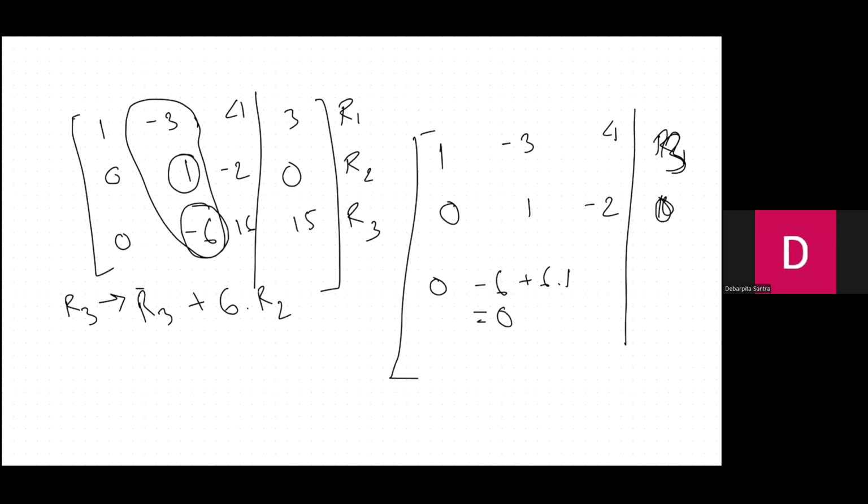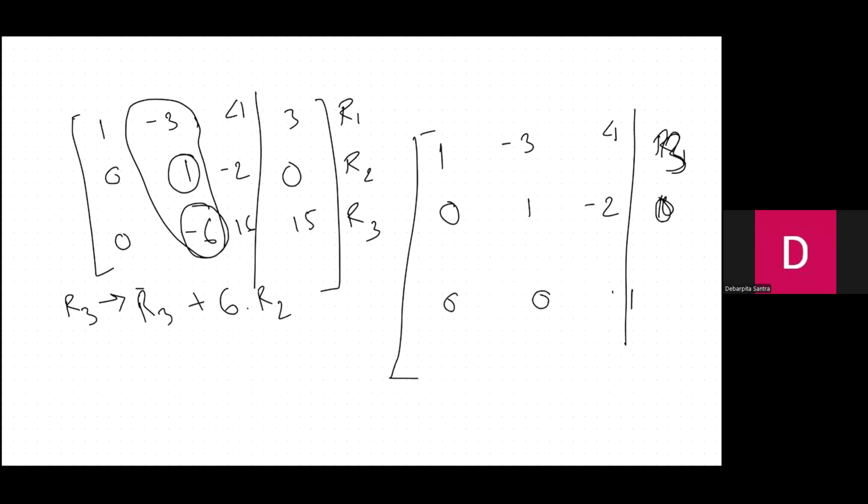Then the third one, 16 plus 6 into minus 2, where minus 2 is in row 2. 16 minus 12, that means 4. So it is 0, 0, 4. Let me just write down freshly.